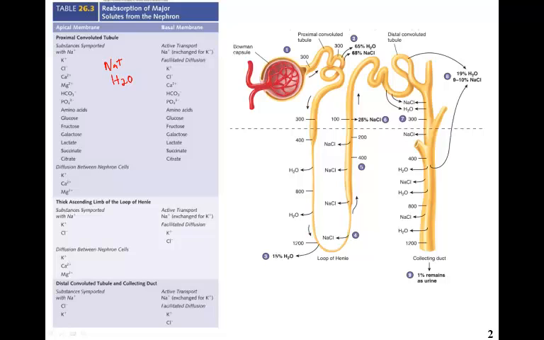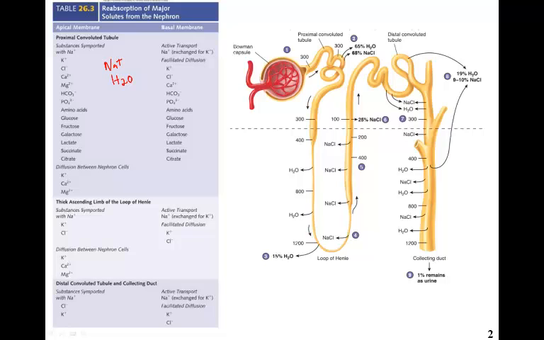Water in particular, reabsorption of water can vary over a huge range, so that urine osmolarity, how concentrated or dilute your urine is, can vary over a really wide range. And it turns out that, as we'll see, one of the structures that's really critical for that regulation is the loop of Henle. But we'll come back to that.